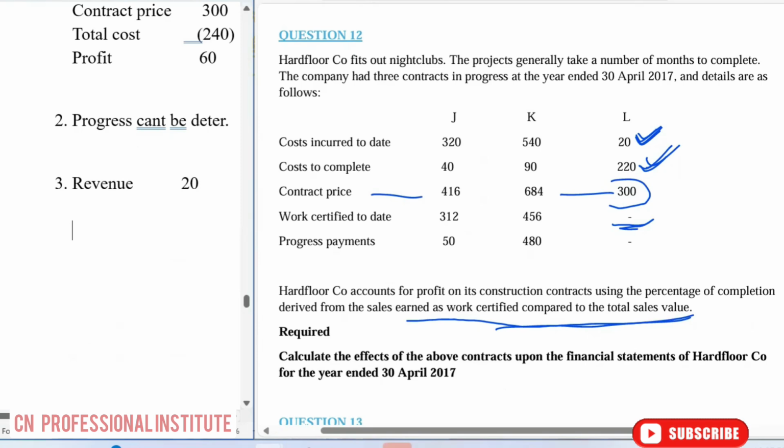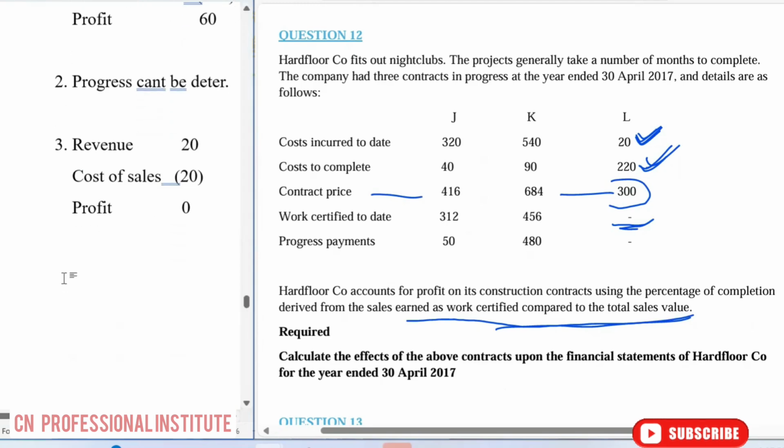And then our cost of sales will also be 20, so that we have zero profit. So in that case, profit will be zero. That's what the standard says if you cannot measure progress or the outcome cannot be determined with certainty.